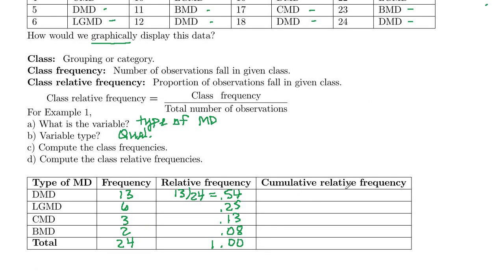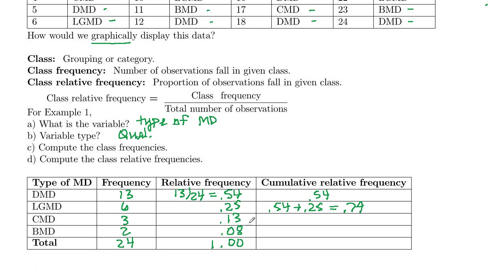And then our cumulative relative frequencies. So the total in the first class is 0.54. The total for the first 2 classes is going to be 0.54 plus 0.25, which is 0.79.